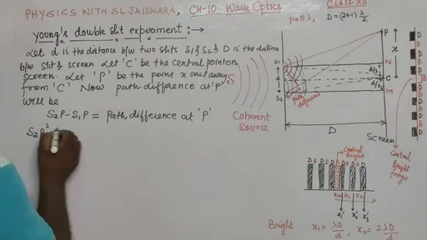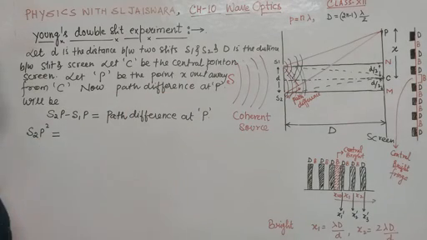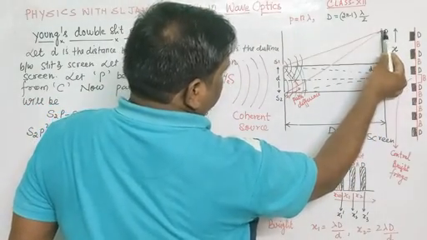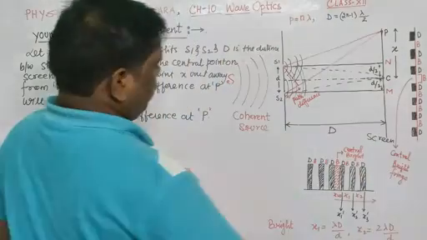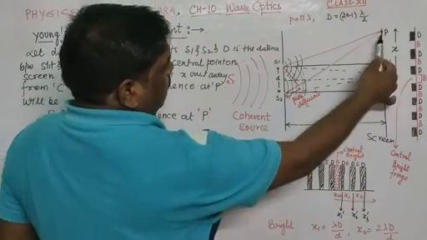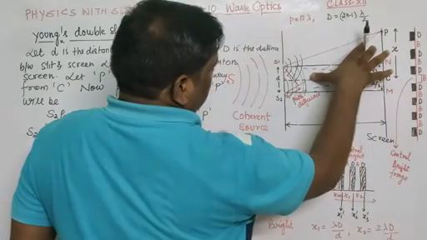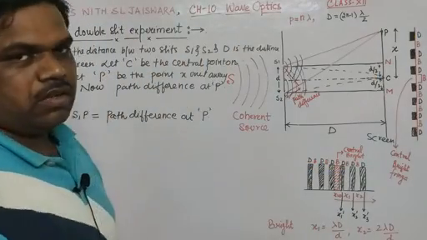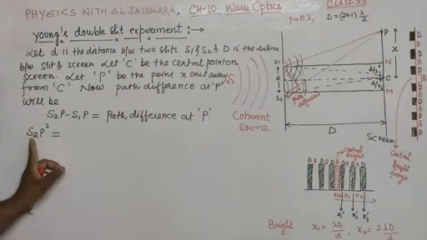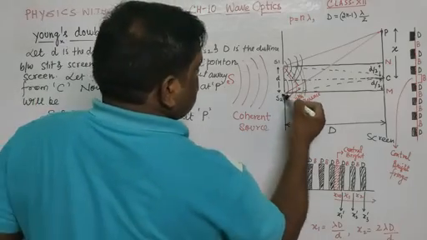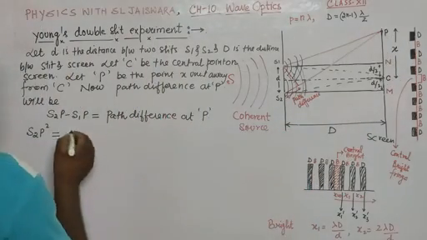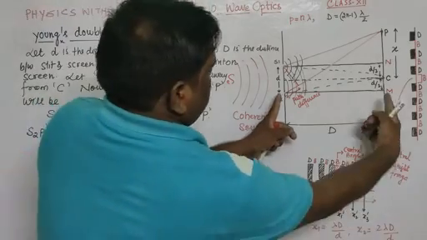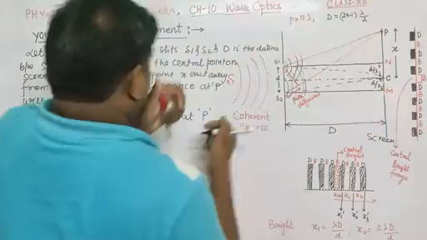Let us see how. Let us find out S2P square. Let us consider this right triangle PS2M, and apply the Pythagoras theorem. The square on the hypotenuse is equal to the sum of the squares on the base and perpendicular, that we have to use here. That is, S2P square will be equal to S2M square plus PM square.